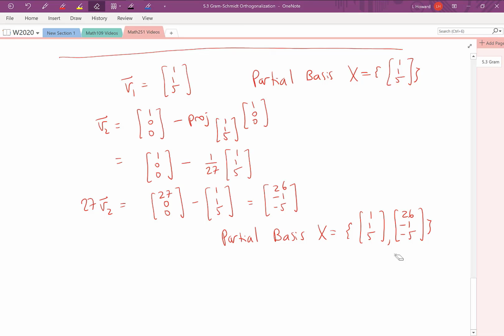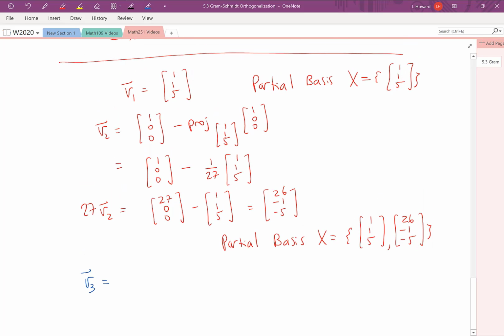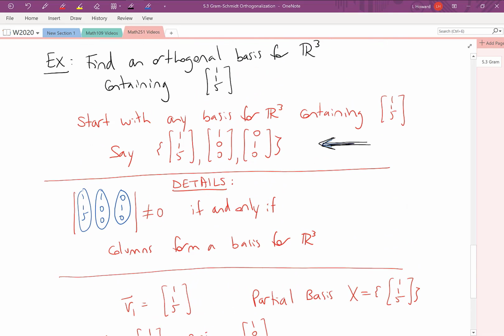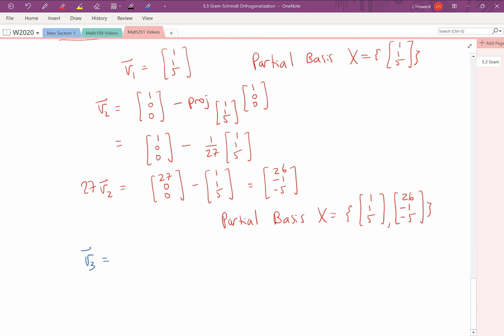Okay, so last step then of the calculation. So for V3, we're going to take our third vector from our basis in the problem. So let's scroll back for a second. Our third vector, you can see that right at the top of the screen where we've got this arrow here. Third vector is 0, 1, 0.